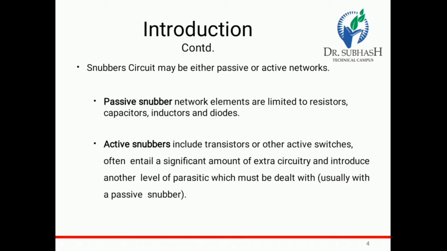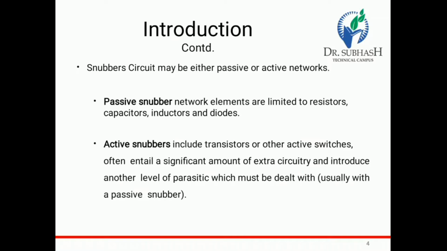The active snubber includes transistors or other active switches, often entails a significant amount of extra circuitry and introduces another level of parasitics which must be dealt with, right? So basically we can classify a snubber circuit as either passive snubber or active snubber circuit.